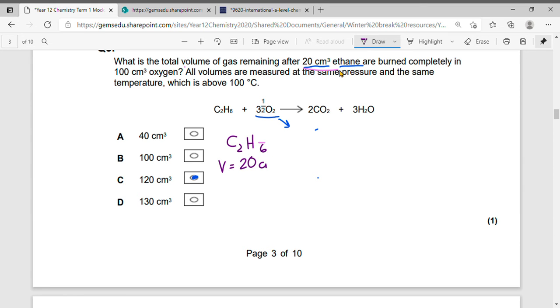20. And well, 3.5 times the volume is 100 centimeters cubed of oxygen.